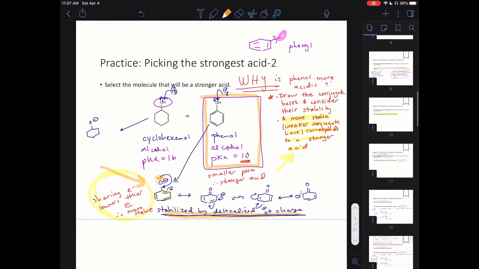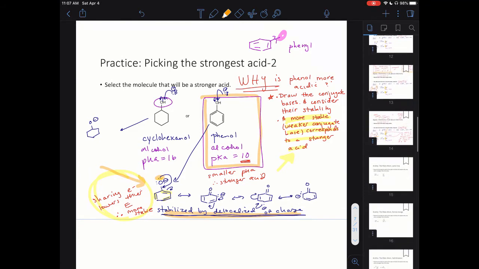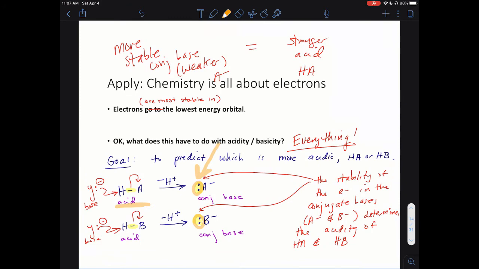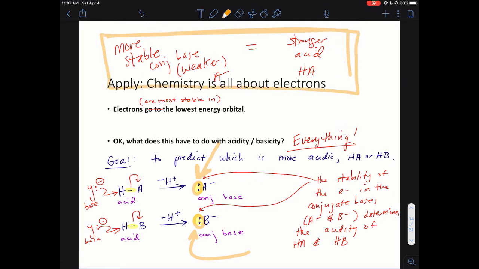So now we're going to move our discussion to talk about all the different structural features that are going to affect the stabilities of those electrons in the conjugate bases. Those are our keys. And then we're going to just stay focused. More stable or weaker conjugate base means a stronger acid.